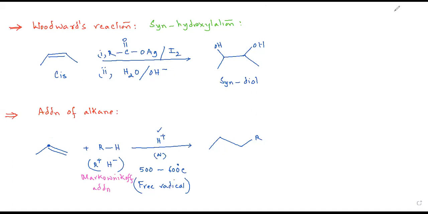Let us see the free radical mechanism of this. It's simple. Markovnikov addition of H minus, the negative part gets added here and the positive one gets added here. Let me give you the mechanism, the free radical mechanism, or the ionic one.